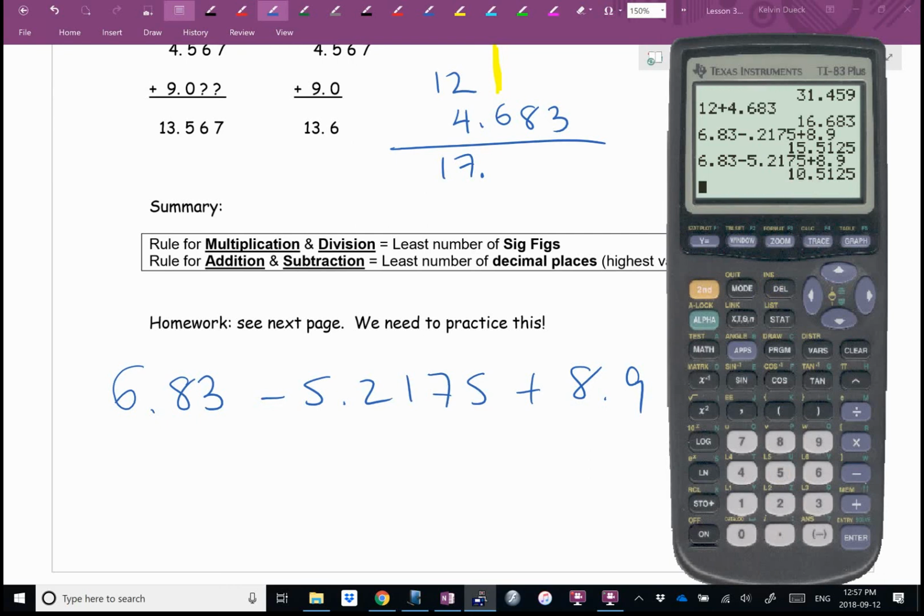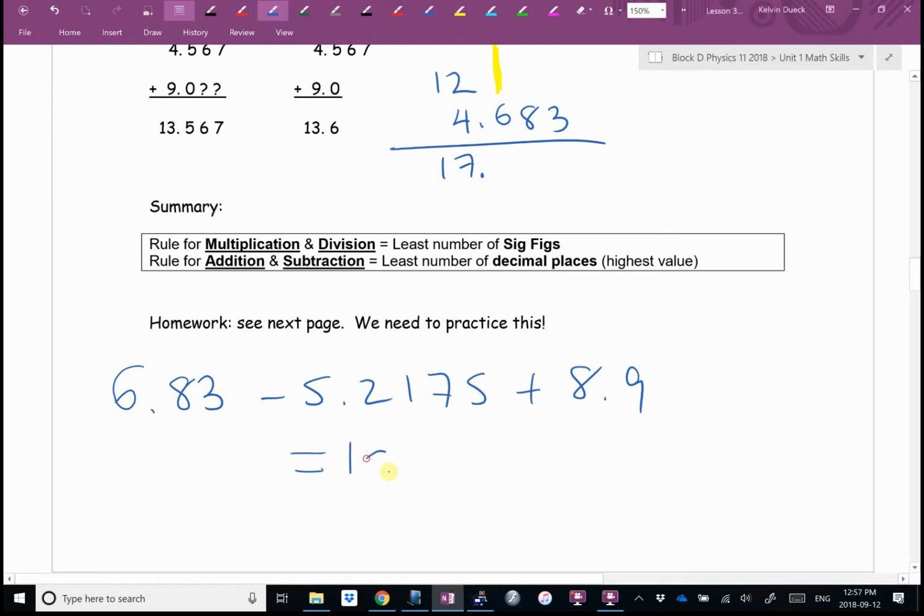So I get that, and looking at this, I'm going to round off on that 5, I think, the first decimal column. Is that 5 going to stay a 5 or become a 6? Stay a 5. So it is possible to do these by hand.